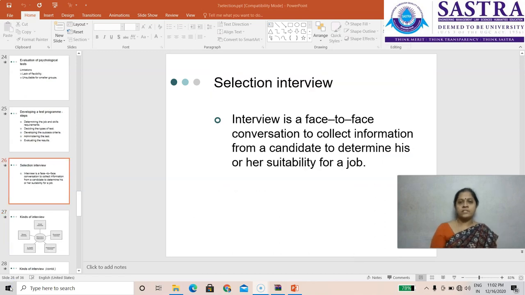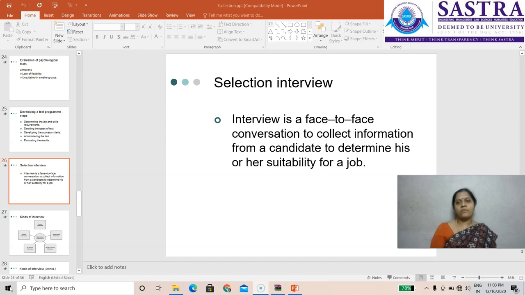The next process is the selection interview. The interview is one of the most widely used means of collecting necessary information about the applicants, and it is an indispensable part of any selection procedure.